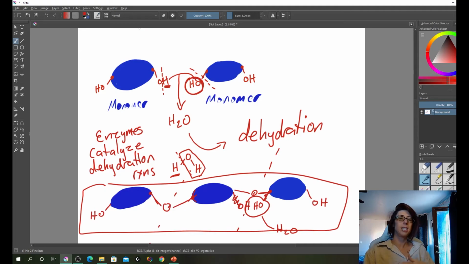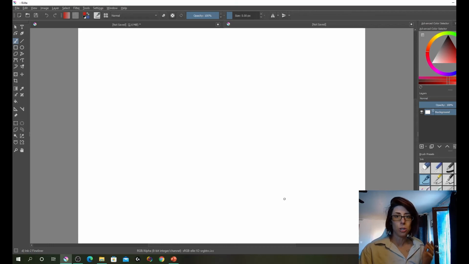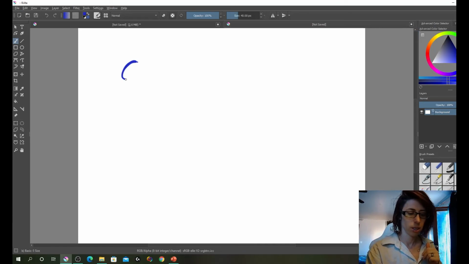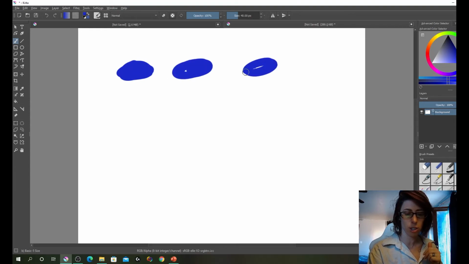So to break down this polymer, we have to reverse this process. And to do that, we need to add water back in. We need to insert water. So let's draw our polymer now. So we had these repeating subunits, whatever they are, sugar, amino acid, nucleic acid, doesn't really matter.